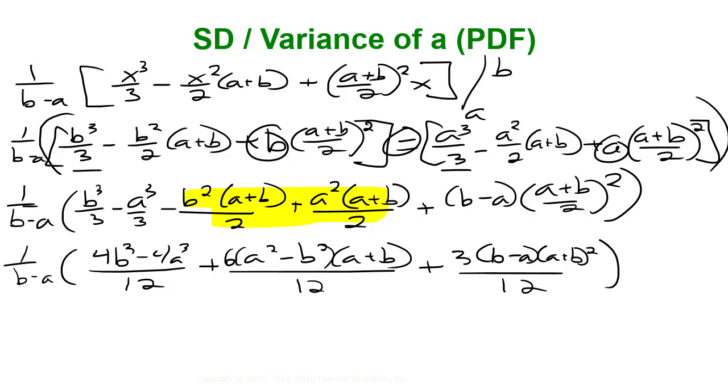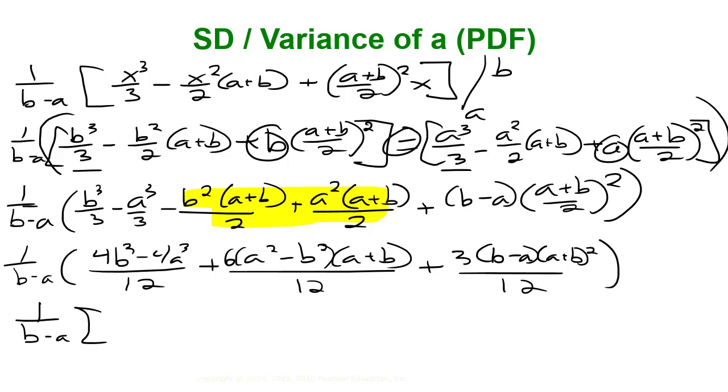Now I'm going to skip some steps, let you guys do some of this algebra yourself. But basically, if you distribute the 6 and the a squared minus b squared, basically if you multiply all this together, put it all over 12, and add all the bits and pieces together, it's going to reduce down quite nicely to this.